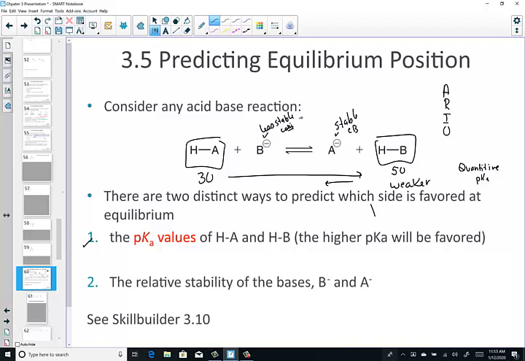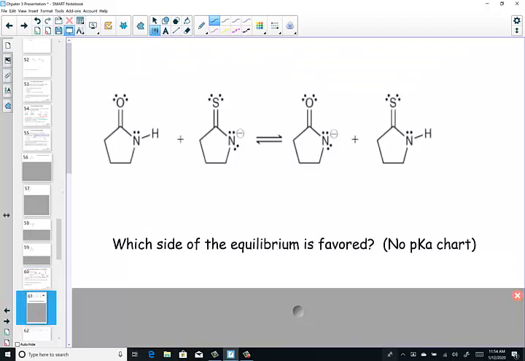Because, let me just write CB for conjugate base. We know that the less stable conjugate base would have the weaker acid. So what about applying these ARIO and kind of predicting equilibrium sides? And let's just try to do these without a pKa chart and just kind of go through the logic of ARIO. So I'm going to determine which side of the equilibrium is being favored.